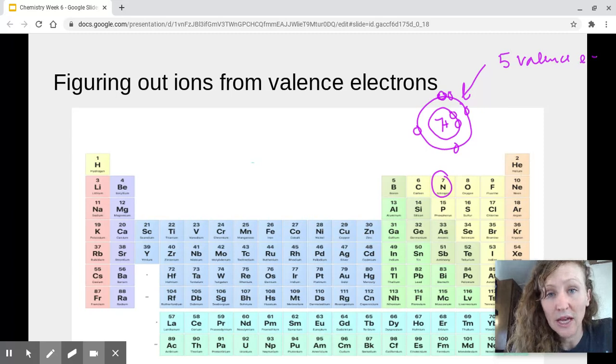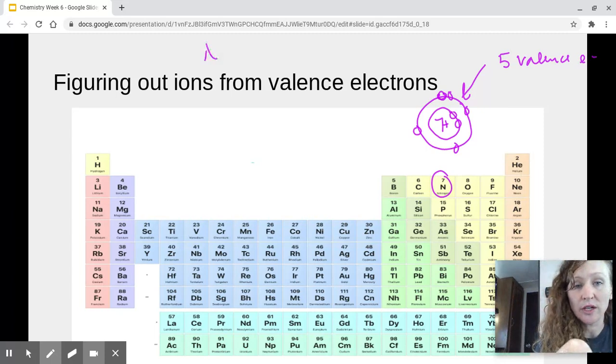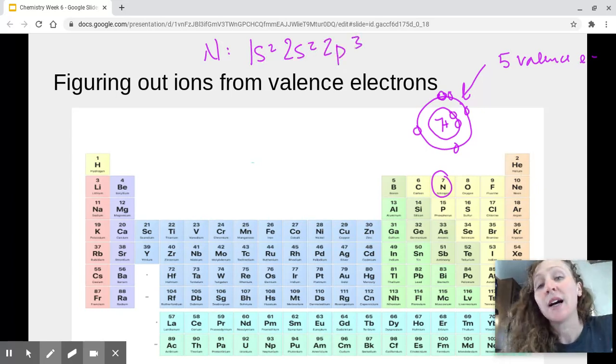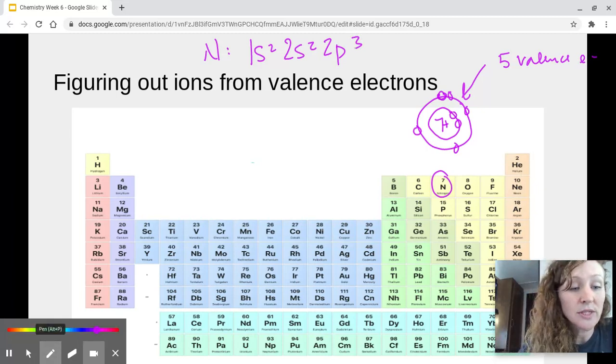Another way is by looking at the electron configuration. If we draw the electron configuration for nitrogen, we have 1s2, 2s2, 2p3. We look at all the electrons in the outermost energy level.